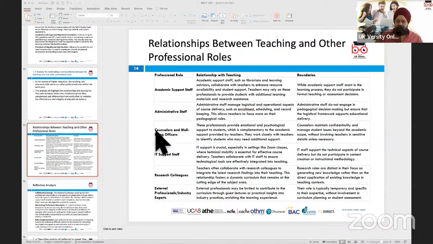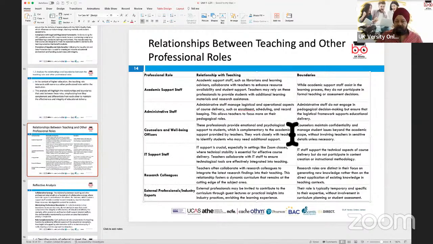I've drawn up a table to explain that, and it helps us summarize the part we want to look at in terms of relationship with teaching. What is the main bit, and how do I reflect it and relate it to my counterpart in a body? Now, let me give you an example.